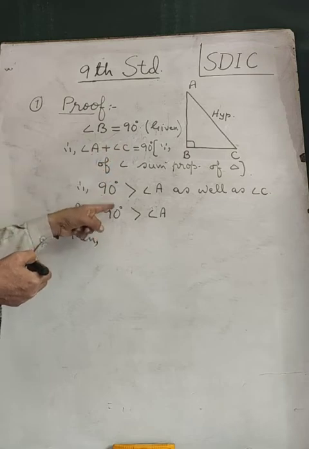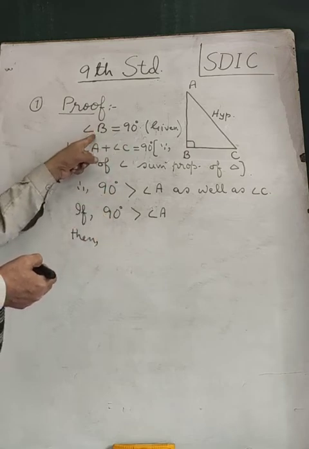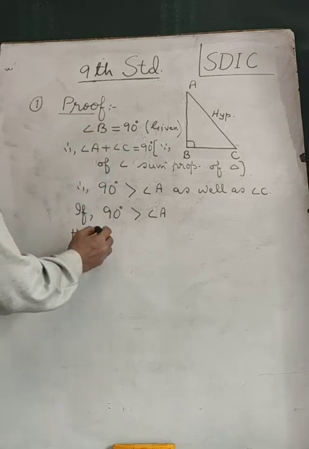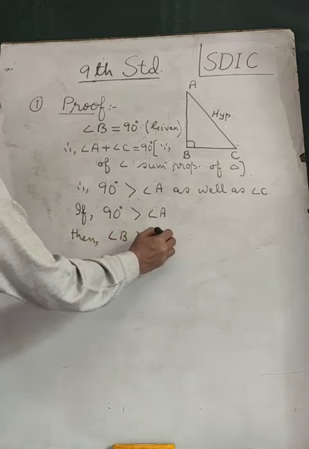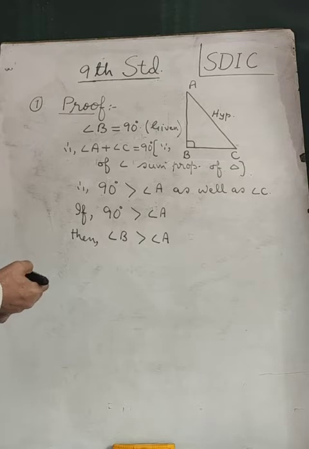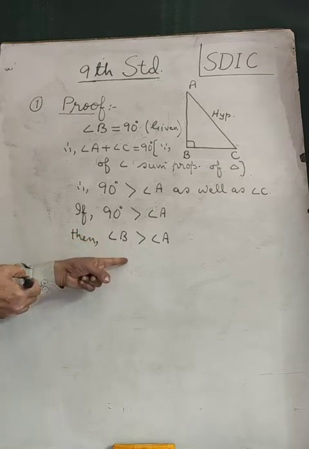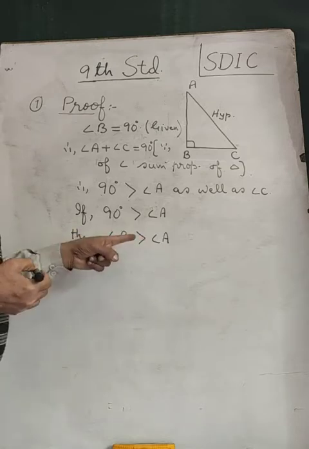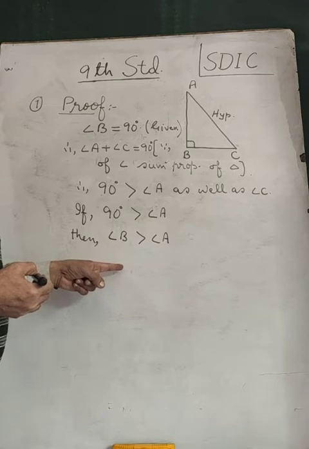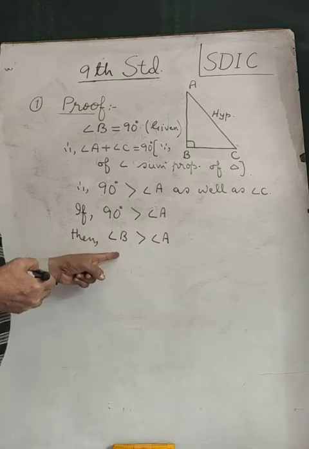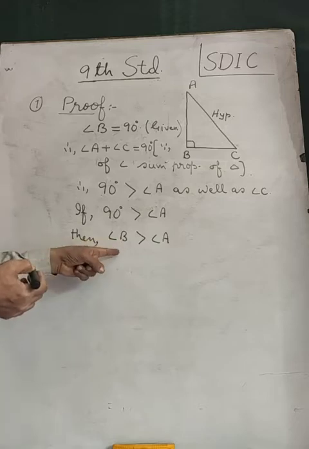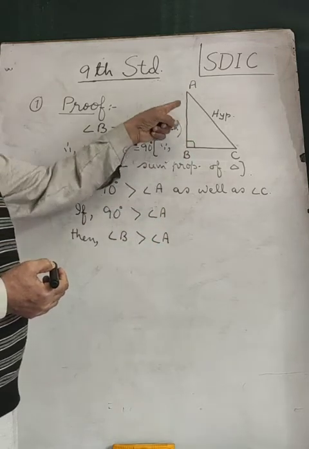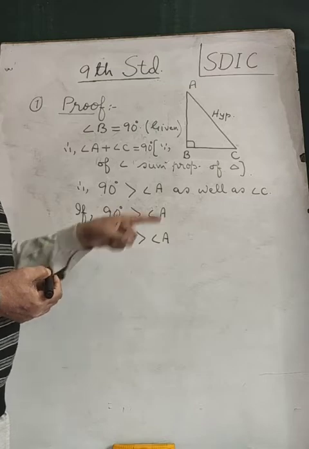So we'll replace this 90 degrees by angle B. It will become angle B is larger than angle A. Having done this, we will apply the theorem: the larger angle has the longer side opposite it. You have a comparison between angle B and angle A, so their opposite sides you'll use.